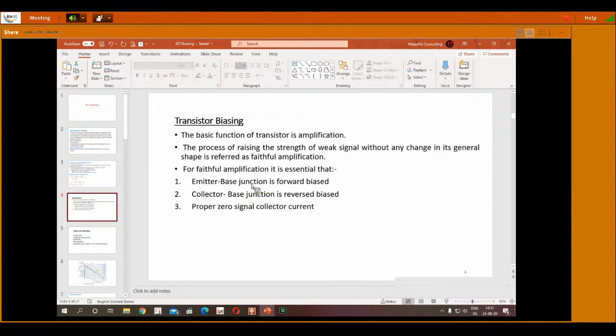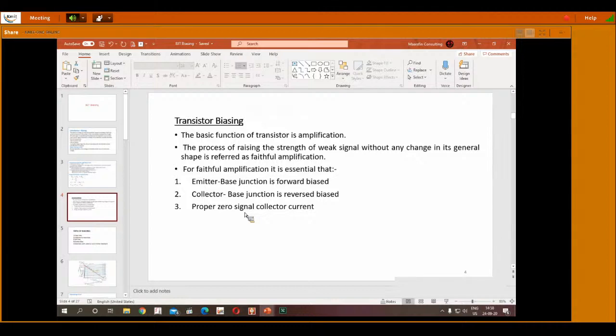So for a faithful amplification, what are the essential criteria? The emitter base junction must be forward biased, the collector base junction must be reverse biased, and we should have a proper zero signal collector current. Because we are not applying any AC signal initially, we require a proper zero signal collector current.